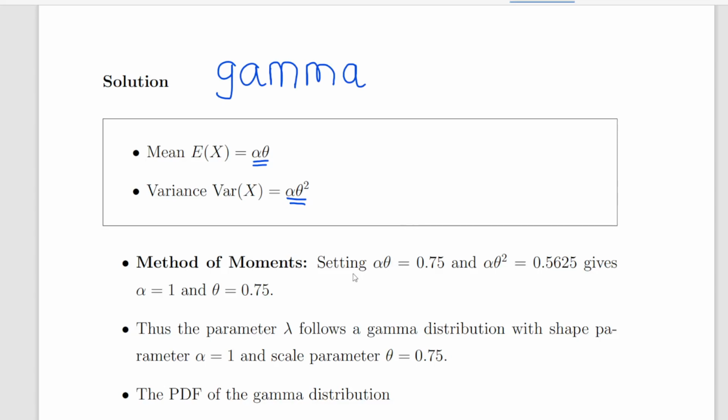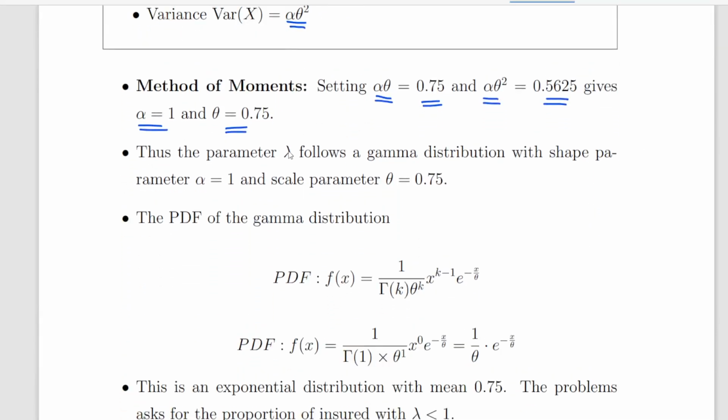Okay. So the method of moments, setting alpha times theta equals 0.75 and alpha times theta squared equals 0.5625, gives us alpha equal to 1 and theta equal to 0.75. Okay. Now, that means that the parameter lambda follows a gamma distribution with a shape parameter alpha equal to 1 and a scale parameter theta equals 0.75.